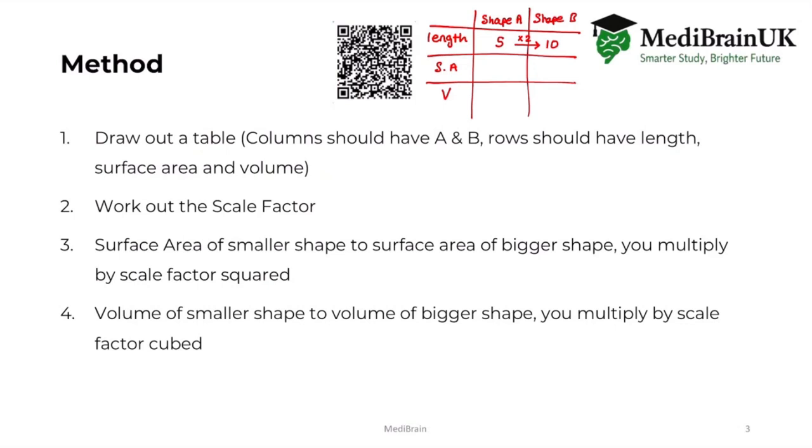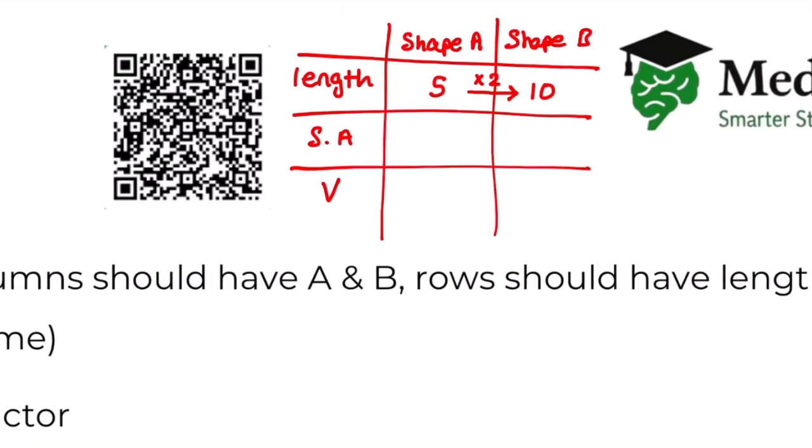Now, the third step is how you can work out the surface area and how you can work out the volume. To work out the surface area, all you have to do, so you know that this is your scale factor in this case. Let's say that the surface area is 7 and the volume is 10, okay, of shape A. To work out the surface area of shape B, all you are going to do is square the scale factor.